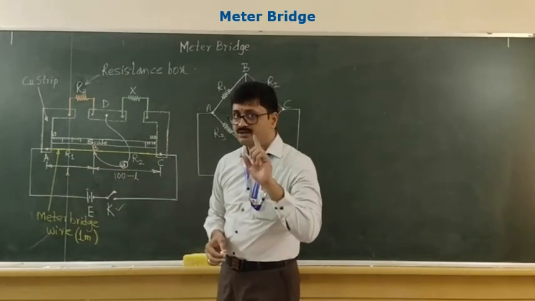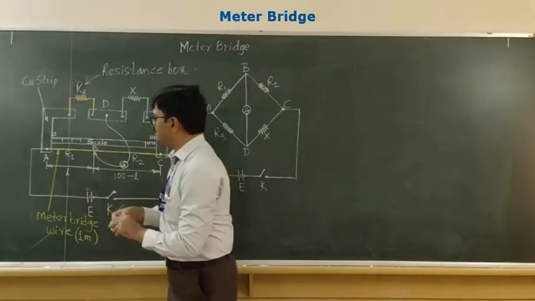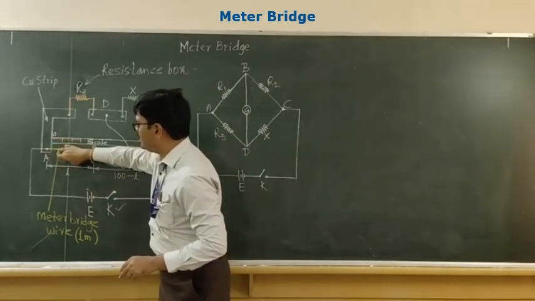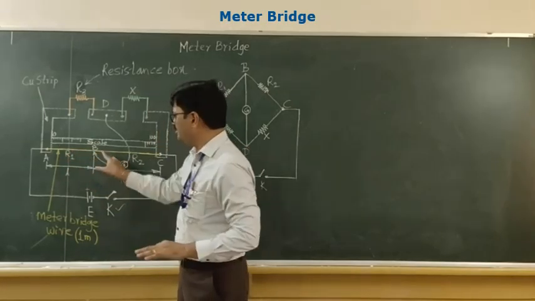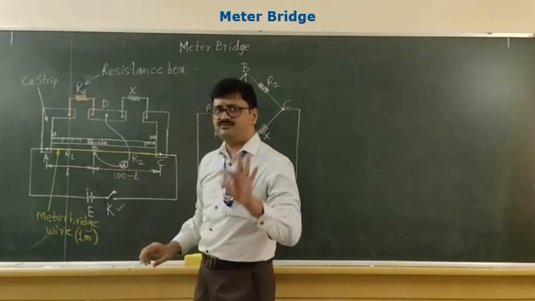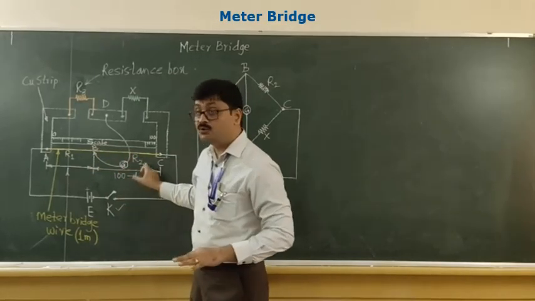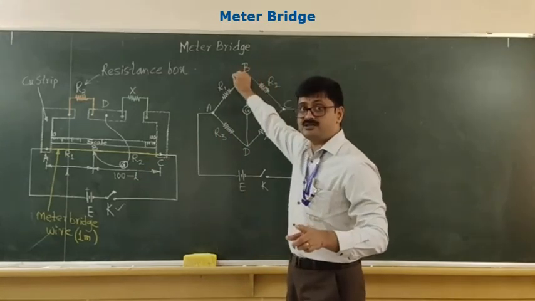Are we following this? Obviously this wire AB of length L will have resistance R1. Similarly wire BC of length 100 minus L will have a resistance, say, R2. That is what I have introduced here, R1 and R2. I hope it is clear.